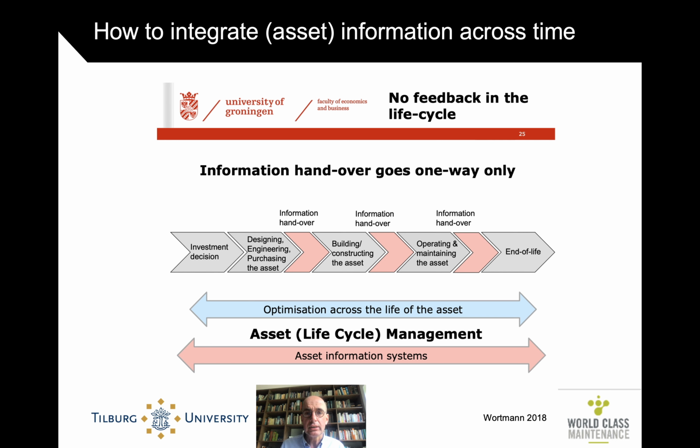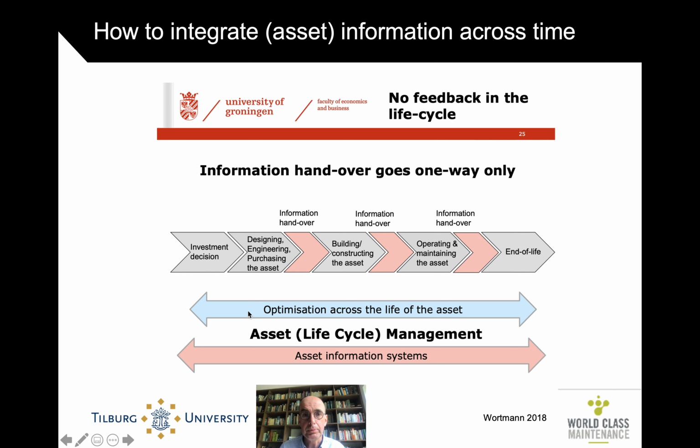Another point that Hans Wachtman makes is that across the life cycle of the product, there is limited integration. There are separate people and functions doing the design and engineering of the assets. Then quite often building and constructing it is again a separate group of people, and there is some handover here, but not fully, which you will see clearly if you talk about digital twins, for instance.